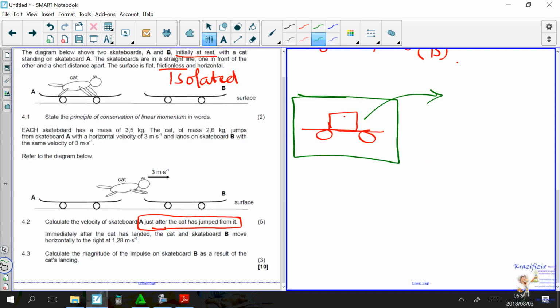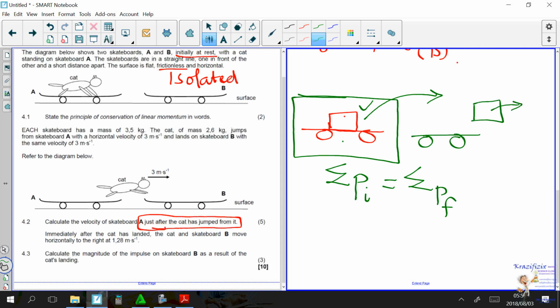If we want to deal with this, do you see that this one is combined? So let's start like this. It is important that you write this formula first. Now the cat and the skateboard are together before and after the cat leaps off, they are separate.